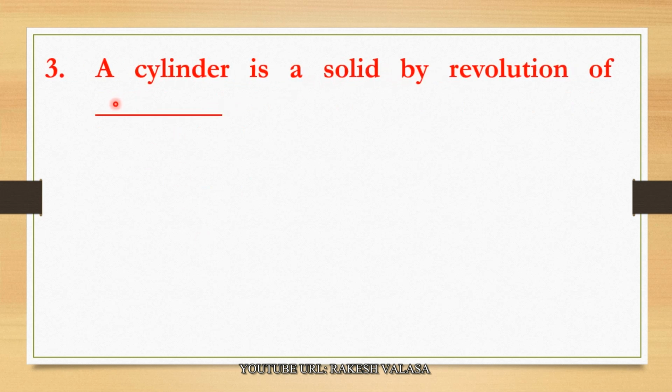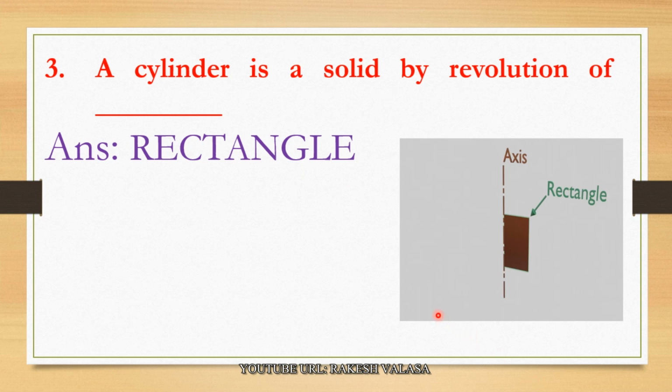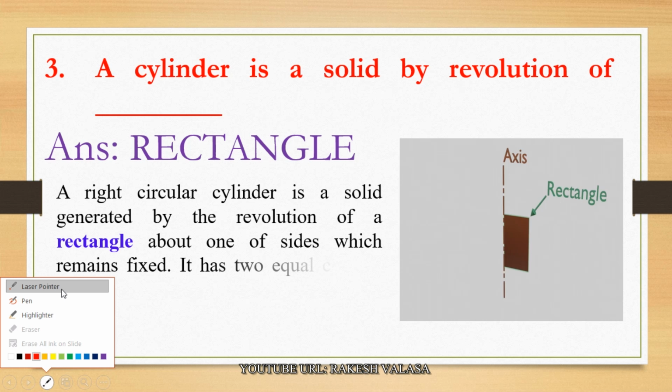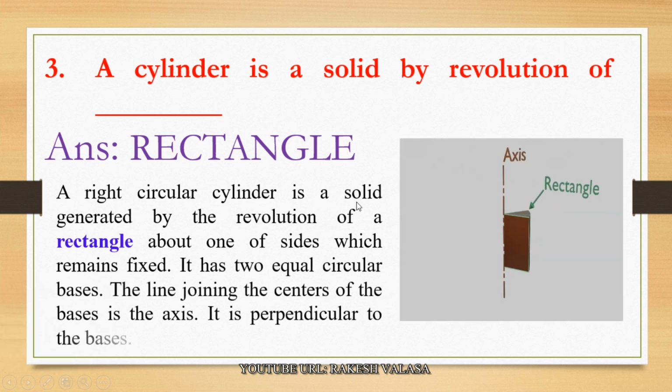Let us see question number 3. A cylinder is a solid generated by revolution of what? The answer is rectangle. Let us see the explanation. A right circular cylinder is a solid generated by the revolution of a rectangle about one of its sides, which remains fixed.